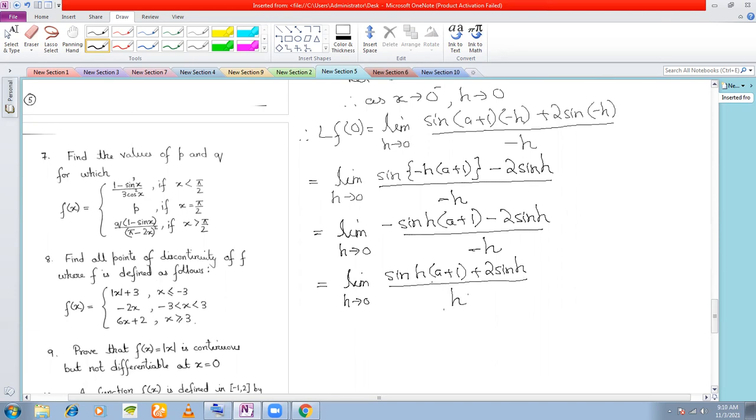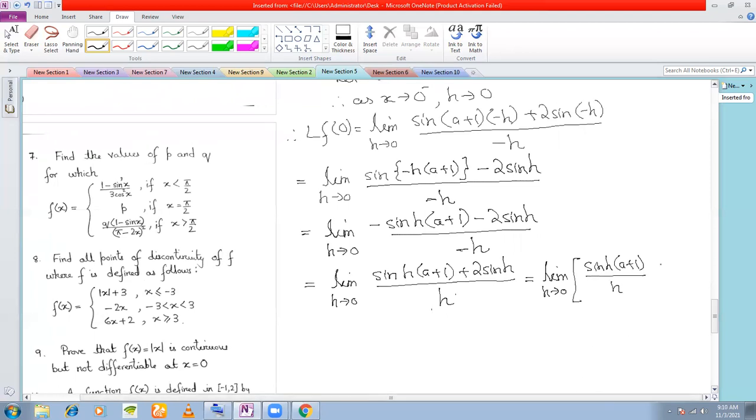Okay, and how to evaluate this limit? You separate the limits. So you have limit h tends to 0, and here you can separate this as sine h (a plus 1) by h plus 2 sine h by h.